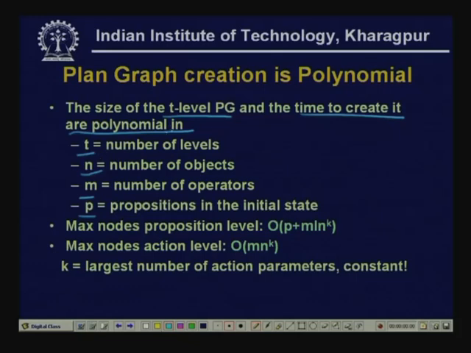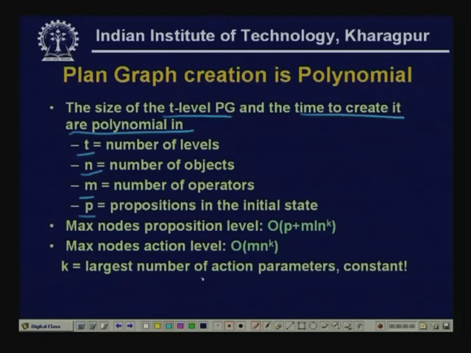The size and the time of this planning graph is proportional to p plus m into L into n to the power k. So, for k constant, this is a polynomial. The maximum action nodes are m into n to the power k, where k is the largest number of action parameters that we can have, and k is usually constant.